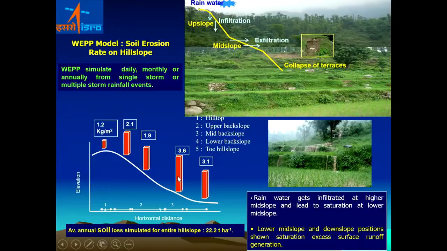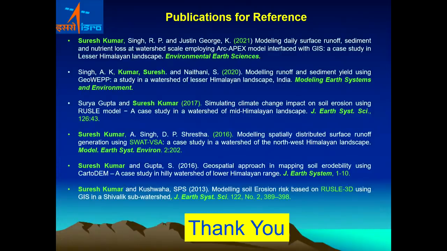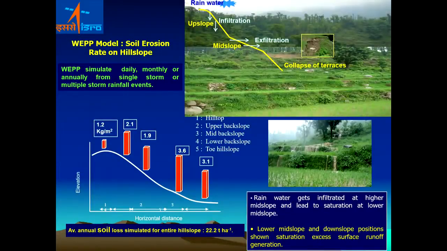So different slope positions in the hills witness different erosion rates, not one erosion rate. But if you want to understand where there is what erosion rate, then you have to go for process based models. Process based models are available for a detailed study to understand the erosion process and the runoff generation process.